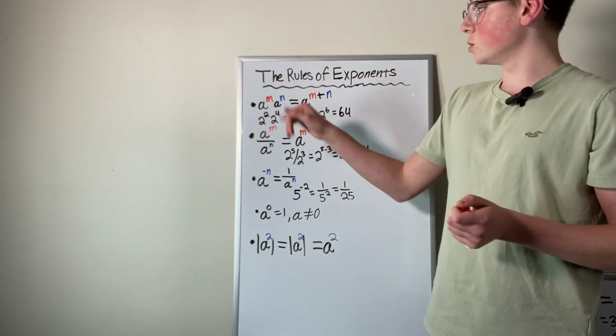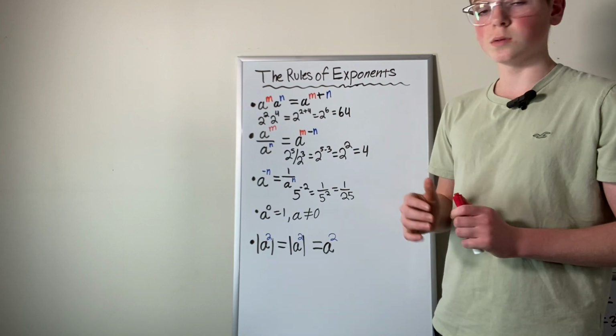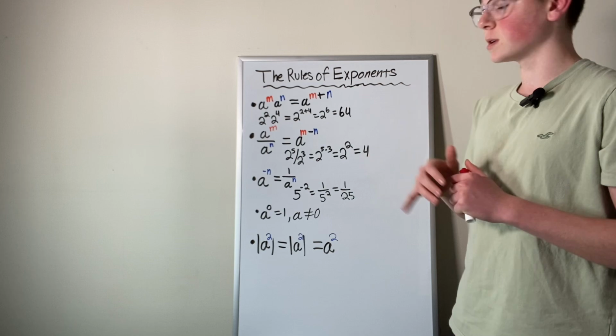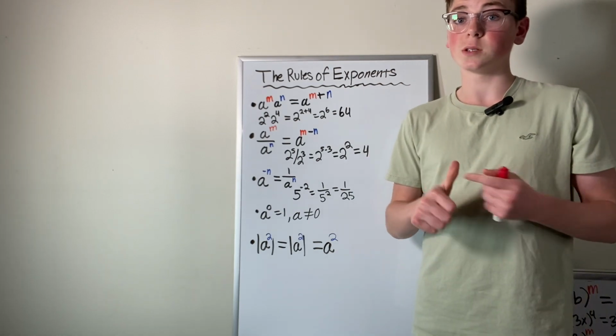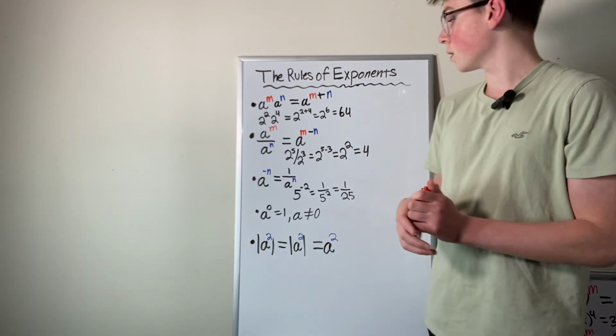So if we have 2 squared times 2 to the fourth, then we really have 2 to the power 2 plus 4 equals 2 to the sixth equals 64. Because remember, 2, 4, 8, 16, 32, 64.